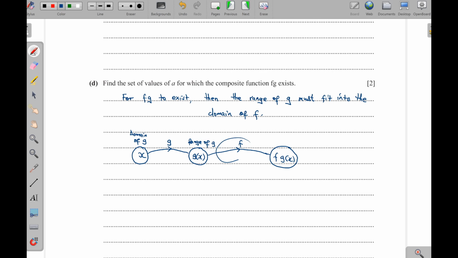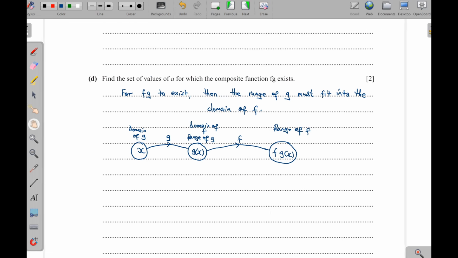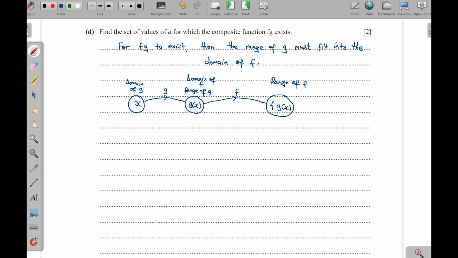But now since f here is the one that acts on the result, then whatever we put in f must be its domain. So here we must have the domain of f, and then what comes out will be the range of f. And so now I can just do like this, from this to that. That will be the f of g.